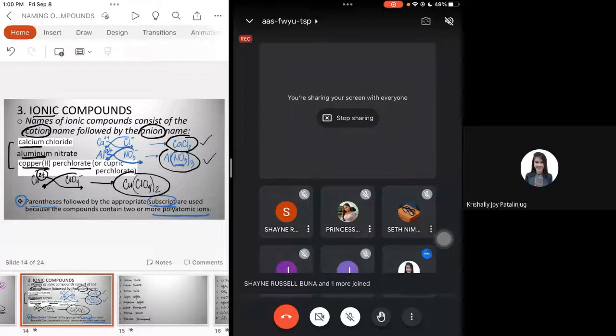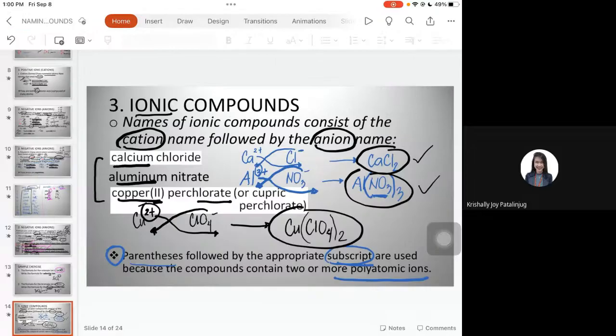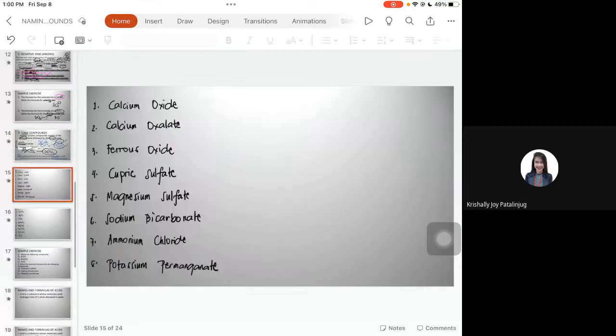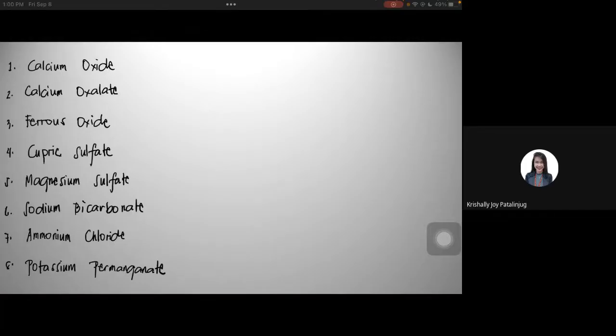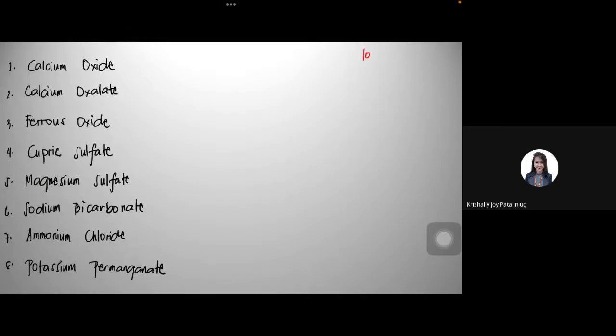Participate. So we'll begin. We will just continue our discussion we had last time. Last meeting, I introduced the names of ions, the cations and anions. So let's recall a few important pieces of information in writing the name and chemical formula of inorganic compounds, particularly ionic compounds.